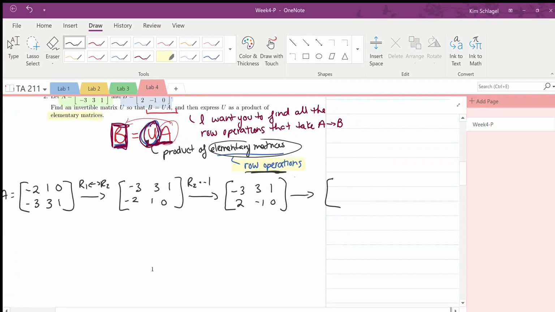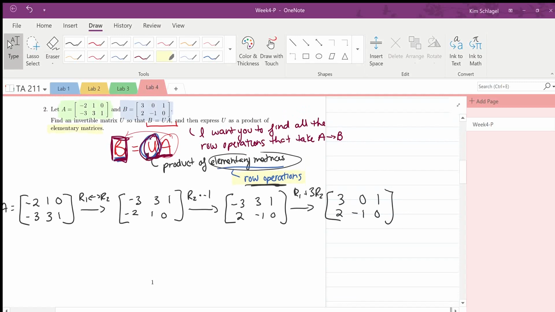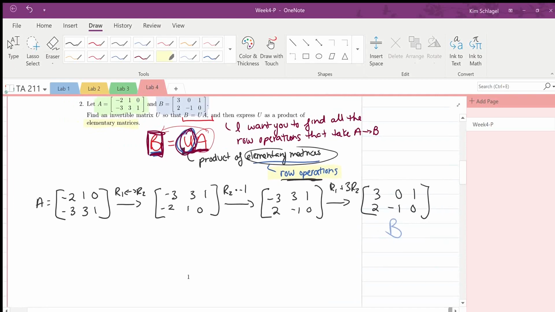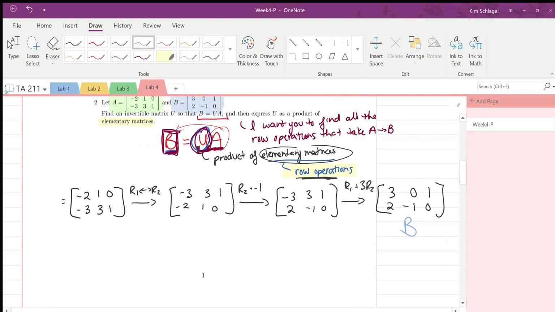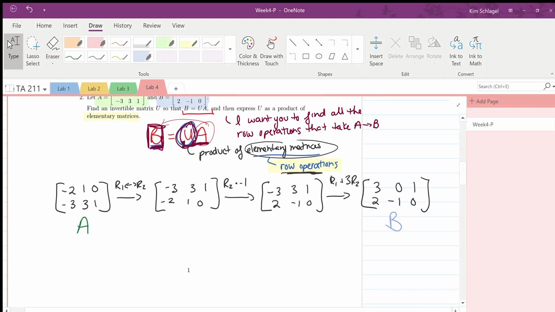Next step I'm going to do is row 1 plus 3 row 2, and I'll end up with this. And if we look up here, we see that yes, this one equals B. So we've gone from A here to B over here, which is exactly what we wanted to do.